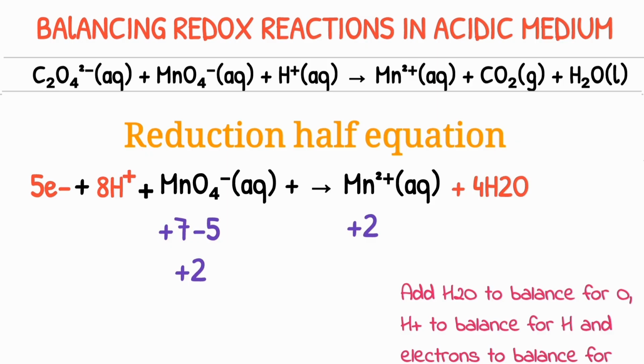Since we balance for charges by adding electrons, which are negatively charged, we are going to add electrons to the side of the +7. When you add 5 electrons to the side of the +7, you are going to have 7 minus 5, which will give you +2. And on the right hand side, our charge is +2, and of course our charges are balanced.